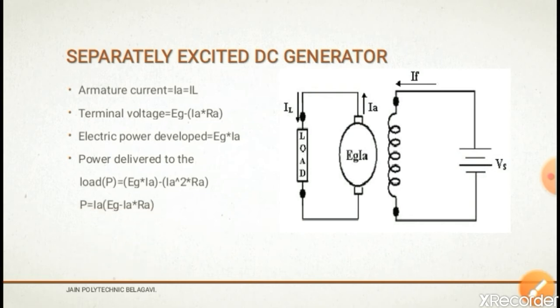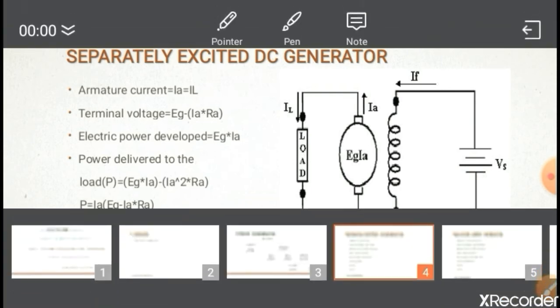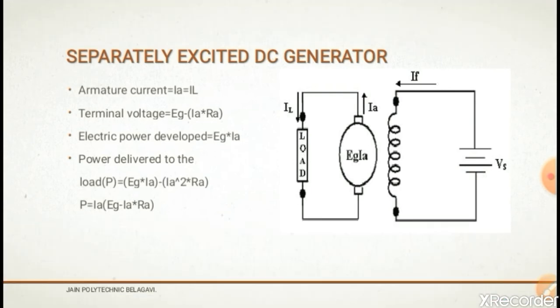So substitute the values here, take this Ia as common, and we get the power equation: Ia into Eg minus Ia into Ra. We can see here that the terminal voltage is given as Eg minus Ia into Ra. So substitute the terminal voltage in this equation.